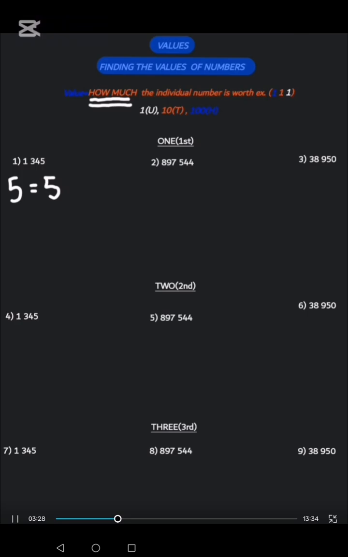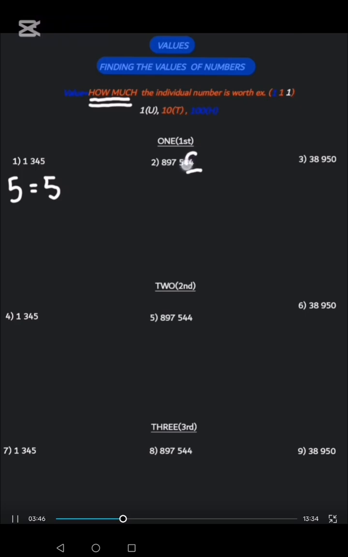The second number they give us is 897,544. We know that we are looking for the number in the units position, which is the last number, and that number is 4.